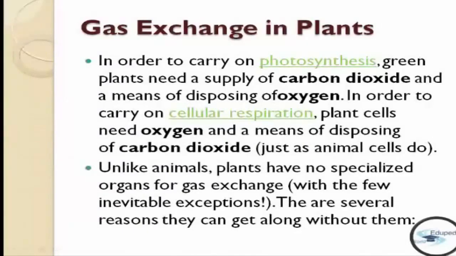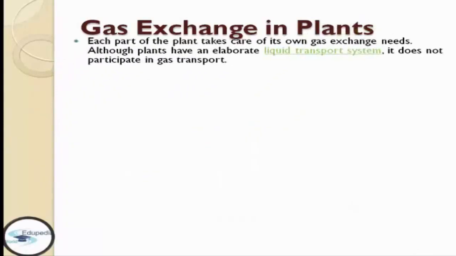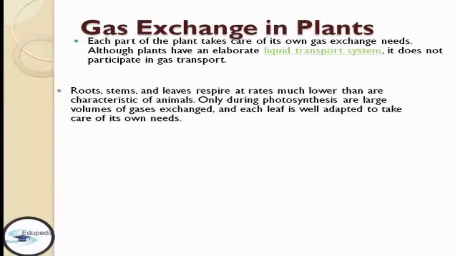Unlike animals, plants have no specialized organs for gas exchange. There are several reasons they can get along without them. First, each part of the plant takes care of its own gas exchange needs. Although plants have an elaborate liquid transport system, it does not participate in gas transport.